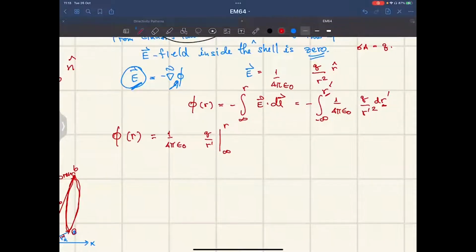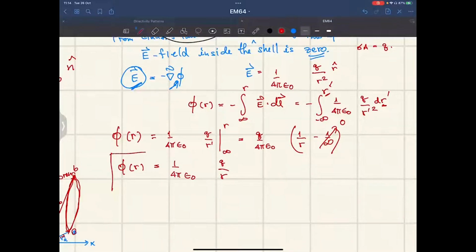Any questions? No. Okay. Do we have this q here? Since 1 over r minus 1 over infinity, this thing is basically 0. So our V here equals 1 over 4 pi epsilon naught, q over r.